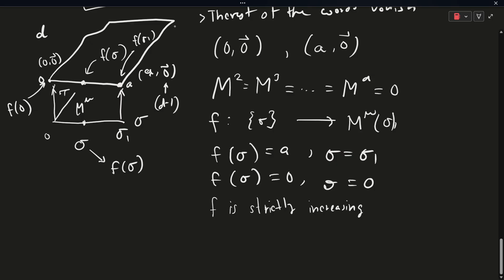Now, why do I want it to be strictly increasing in this interval over here? The reason is that we already know this is some sort of bijection, right? So each sigma in this interval is mapped to a unique f of sigma on this section of the world sheet, or on the string, essentially.